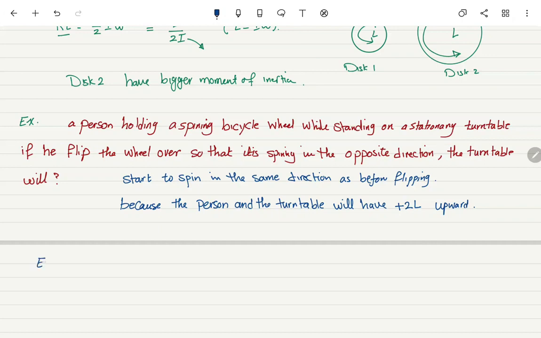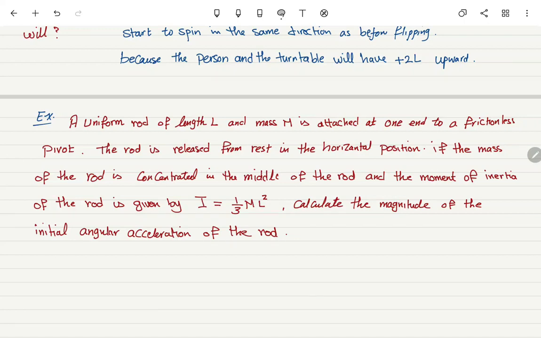Example: a uniform rod of length L and mass M is attached at one end to a frictionless pivot. The rod is released from rest in the horizontal position. If the mass of the rod is concentrated in the middle of the rod and the moment of inertia of the rod is given by I equals 1/3 M L squared, calculate the magnitude of the initial angular acceleration of the rod.